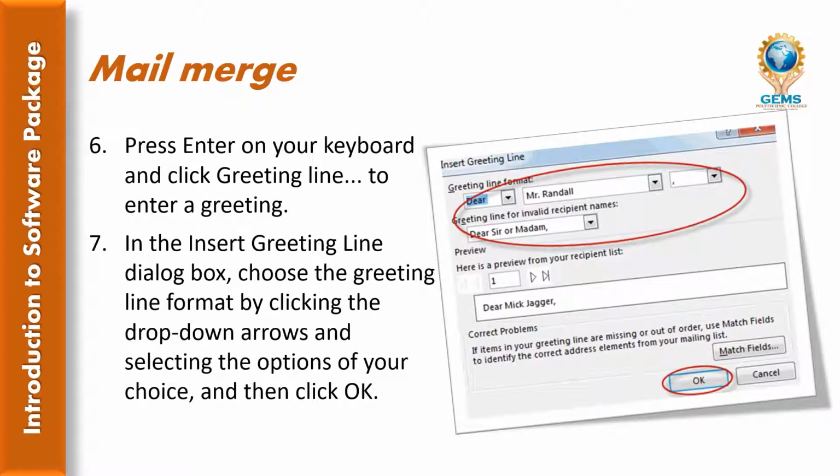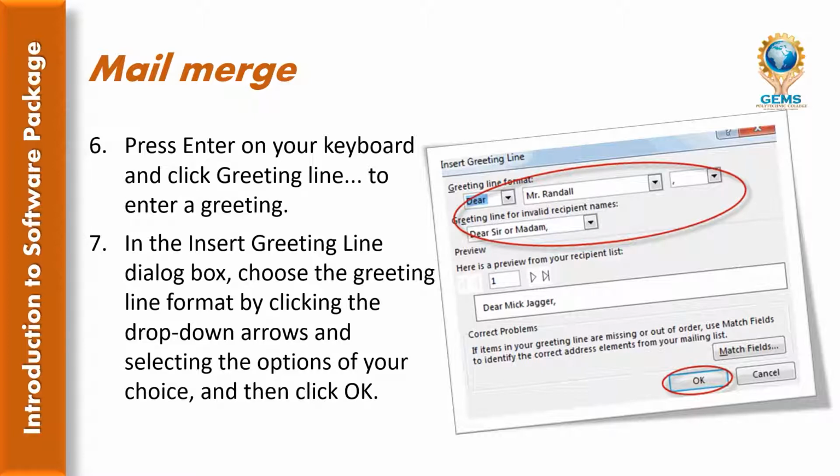After that you have to go to the document and click Greeting Line to enter a greeting. In the Insert Greeting Line dialog box, choose the greeting line format by clicking the drop-down arrows and select the options of your choice, then click OK. This image shows how to insert greeting lines.